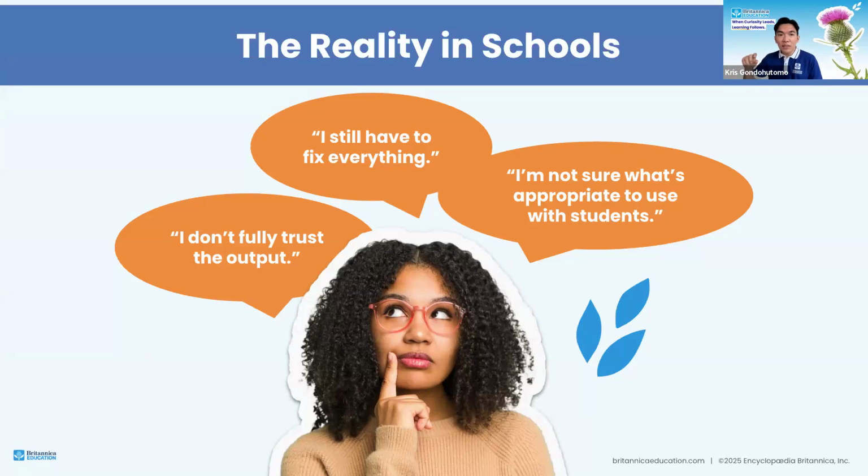This is aligned with what we heard back in January, when we had a Britannica Day event in Bangkok around AI, among the educators who attended the event last month. So the tension is not about whether AI belongs in schools. The tension is again about control. Who is making the decisions and who is accountable for quality? I'm pretty sure you will agree that the answer should be you, the educators.